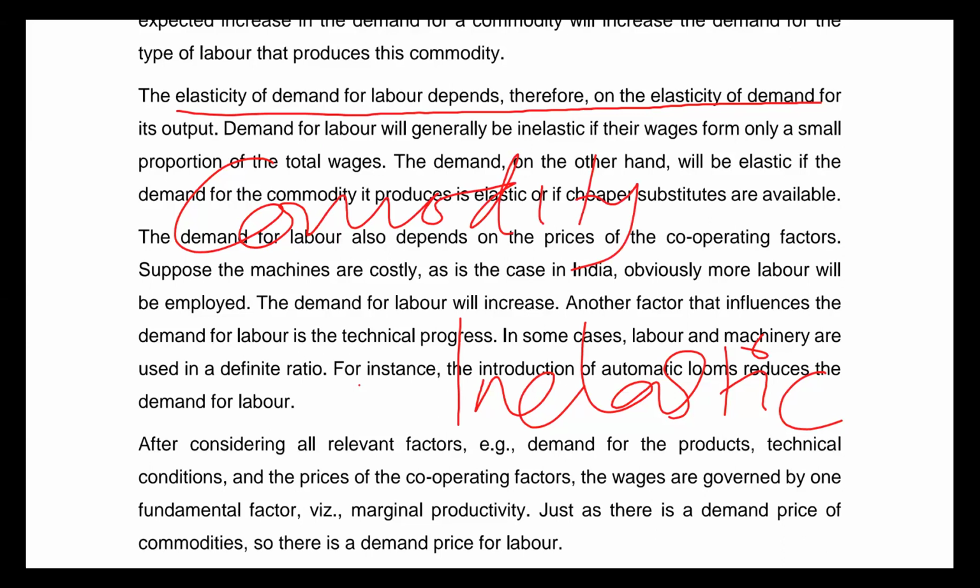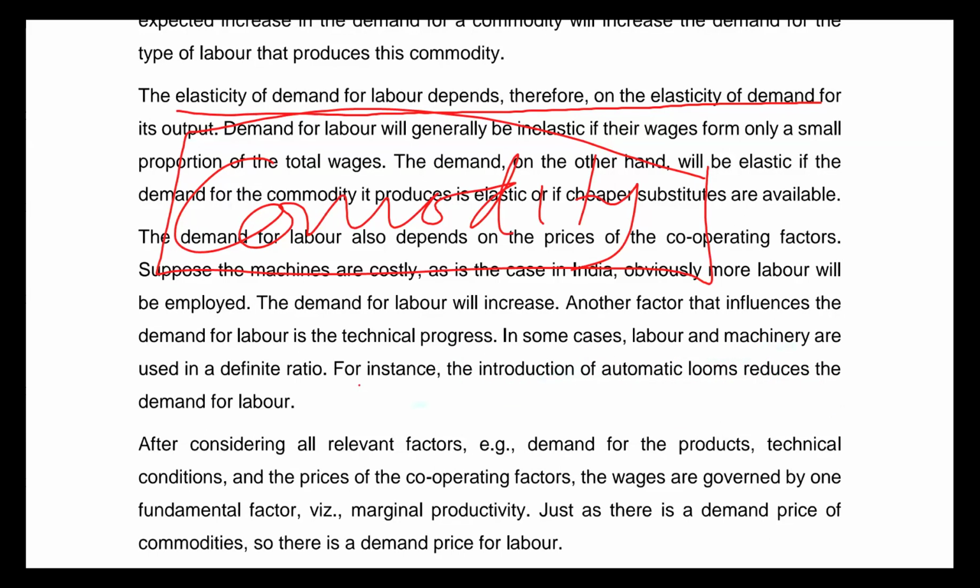So if the commodity that you're producing, let's say, is inelastic, right? Like people are not responsive to the changes in prices of that particular commodity that you're producing, then you find that the demand for that particular labor is inelastic.